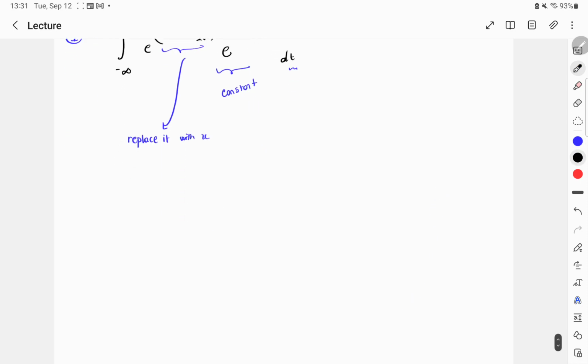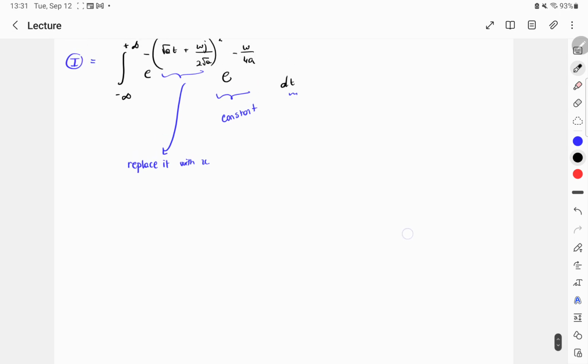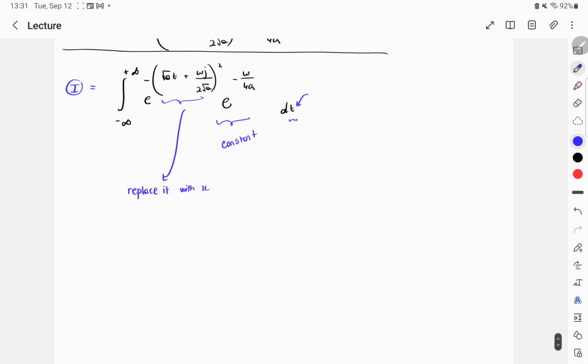And then what do we do? We need to take care of this value over here. Since we are replacing it with u, we are just going to make this replacement equal to u, and then take the derivative of both sides with respect to t.